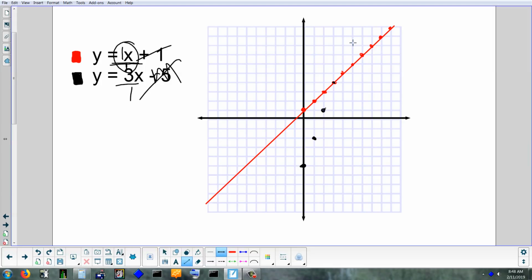So you guys see how I do it? When I went up 3, right 1, I didn't end up on the other line. You may have to put a couple points using your slope until you find, in this case I had to do it 1, 2, 3 times until I found the point where the 2 lines intersect. It might not happen every time. You may not get something like this.